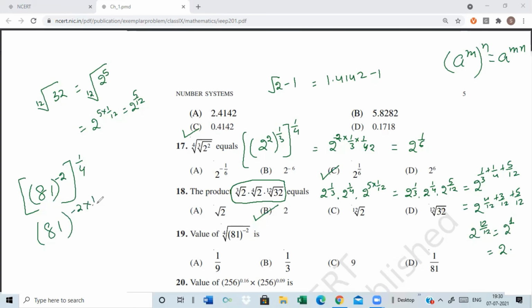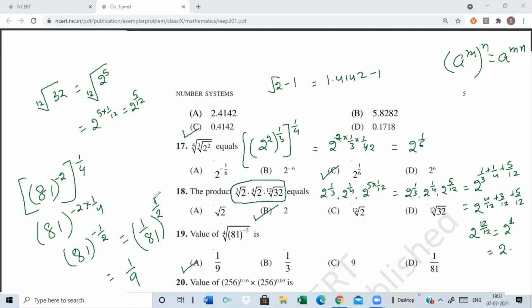Minus 2 times 1 by 4 gives you 81 to the power minus 1 by 2. Right? Now when it's a negative power, we take it as a power of the reciprocal. This is 1 by 81 to the power 1 by 2. Half power means we are taking its square root, right? So square root of 1 by 81 will be 1 by 9. So the answer for 19th is 1 by 9.